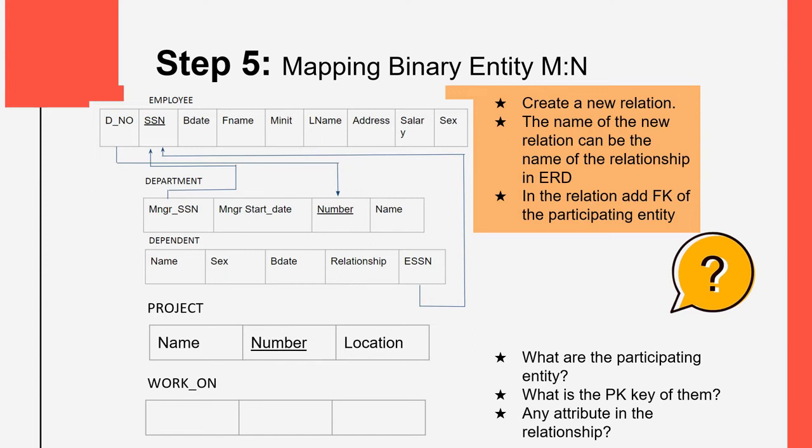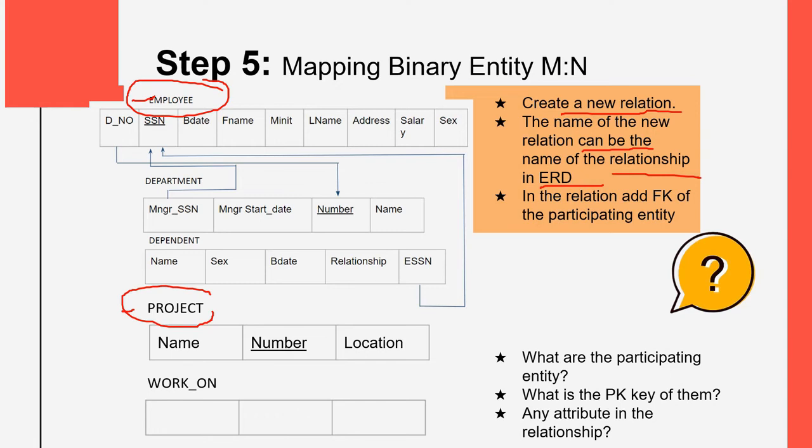The corresponding entities are the project and the employee. So what are the rules? Create a new relation. The name of the new relation can be the name of the relationship in the ERD. So I name the relationship works on.